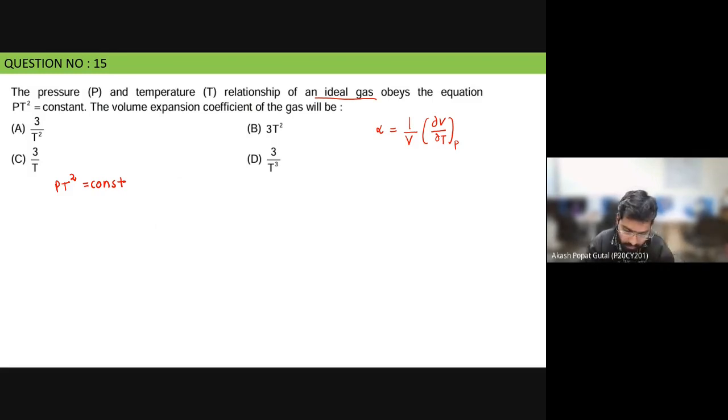So this volume expansion coefficient is in terms of V and T. Can we write this expression in terms of V and T?